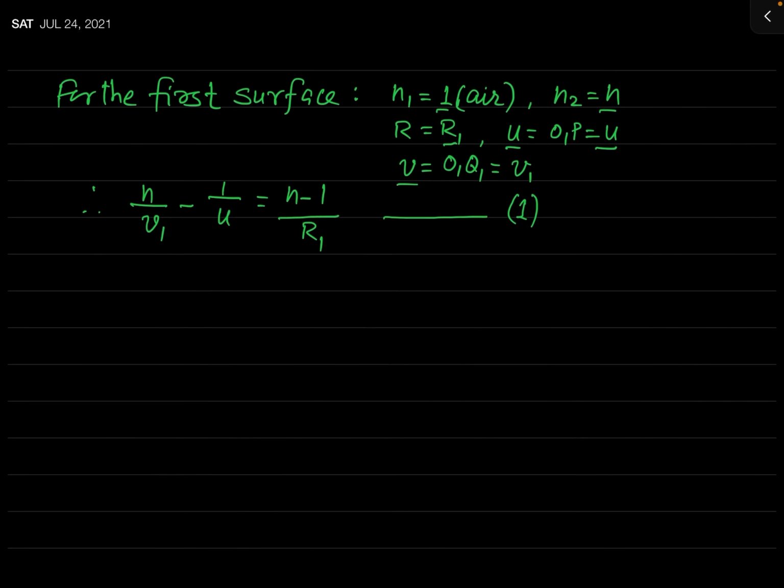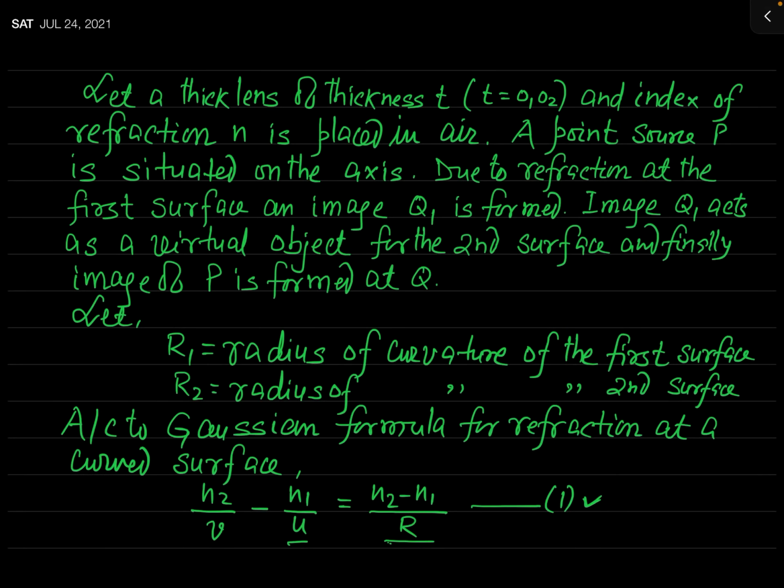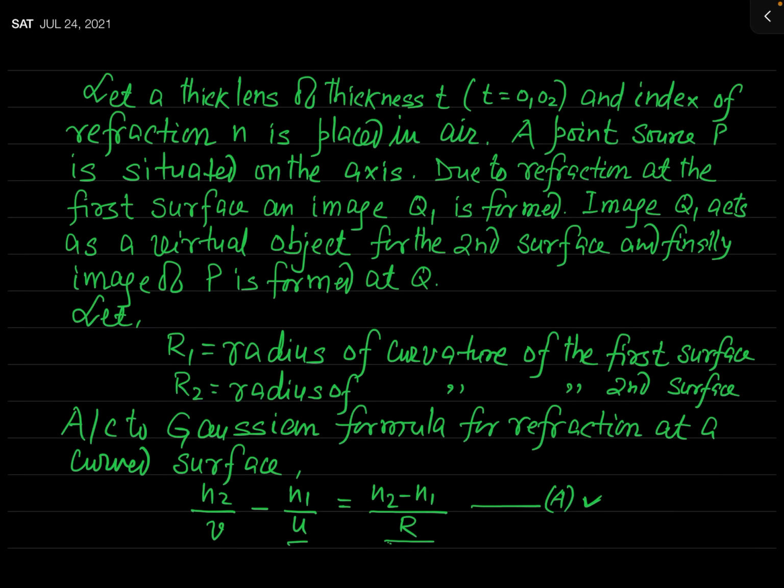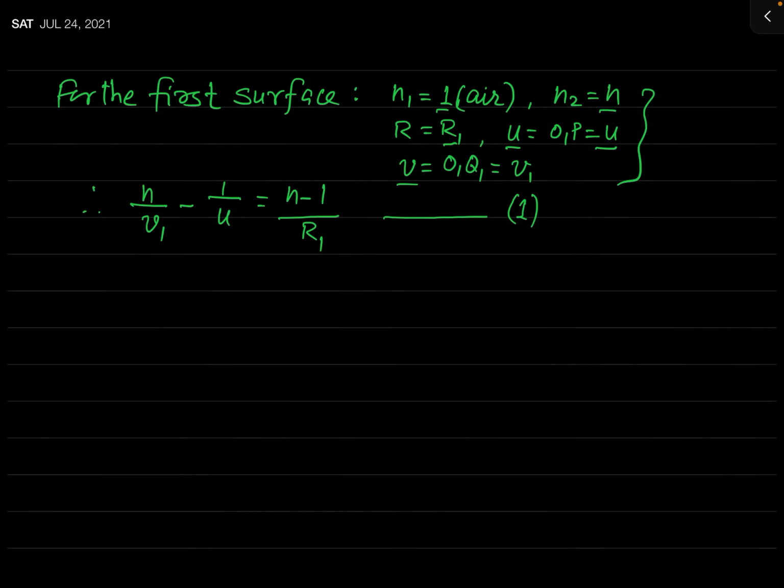Now we will use these values in this equation. Say this equation is A, not 1. This is a general formula. So when we use these values in the Gaussian formula defined in equation A, then for the first surface our result will be n over v1 minus 1 over u equal to n minus 1 over r1. You can see all these values here.